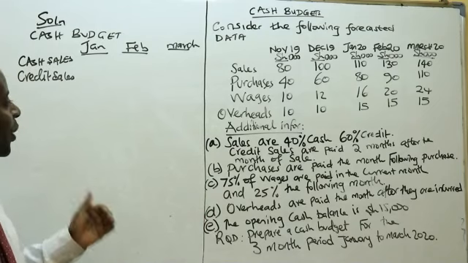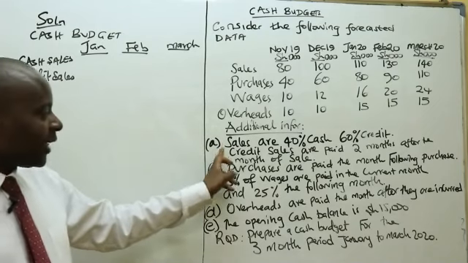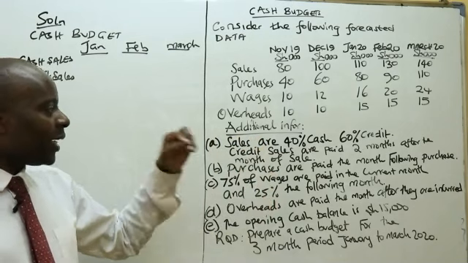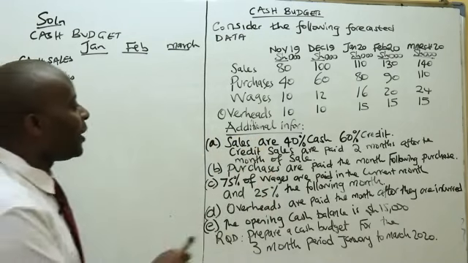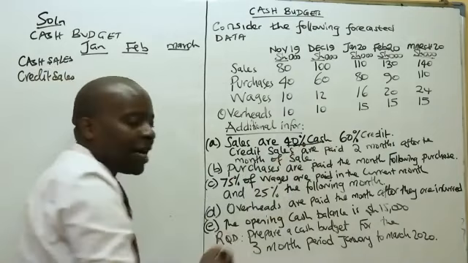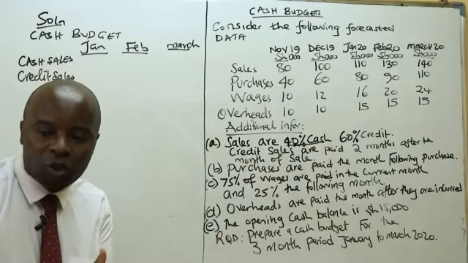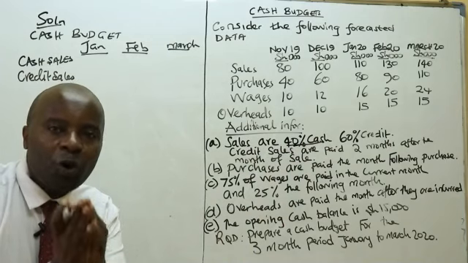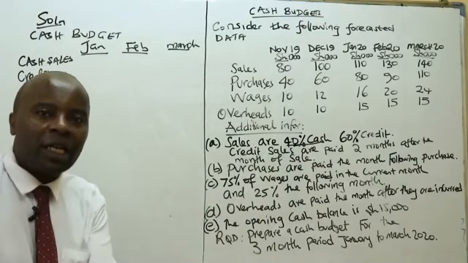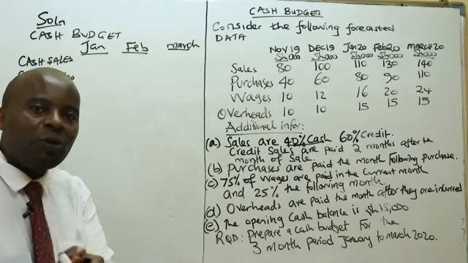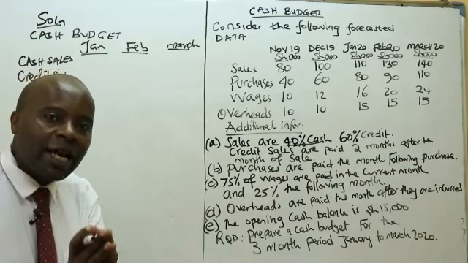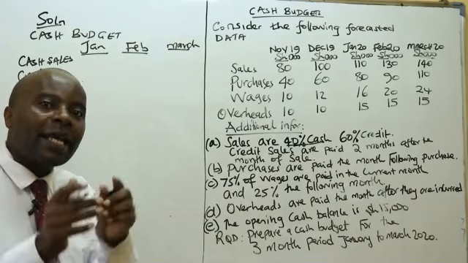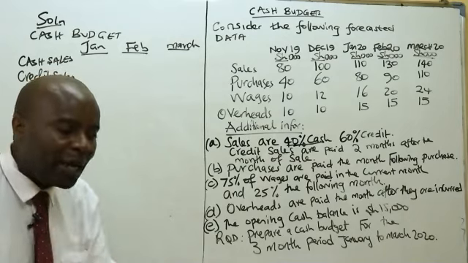So cash sales. They've told us here that sales are 40% cash, and then we have 60% credit. So the concept is here. 40% are for cash. So please go to the sales figures for January, February, and March. Recognize 40% of the sales there as cash to be received in that month.